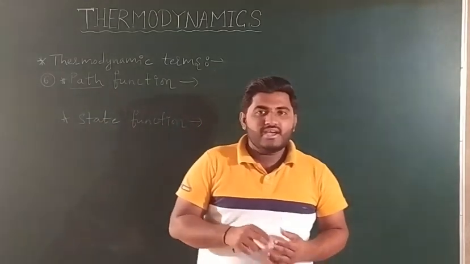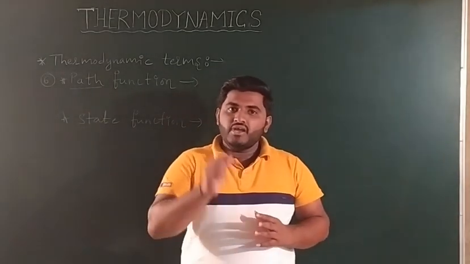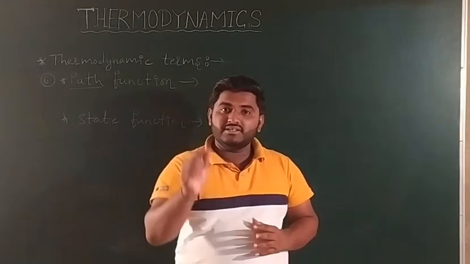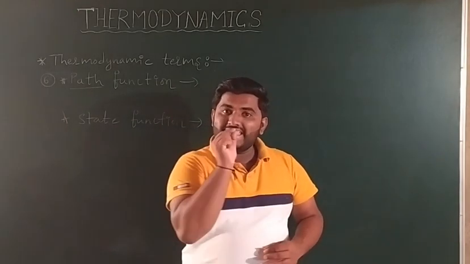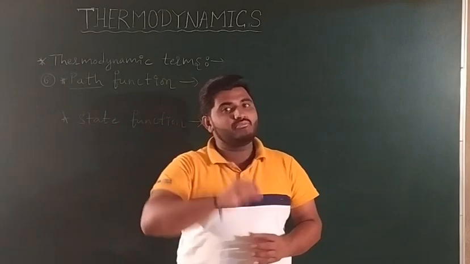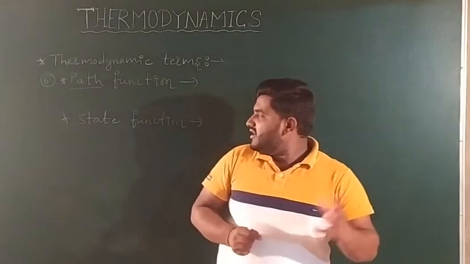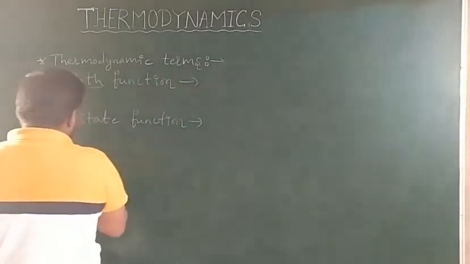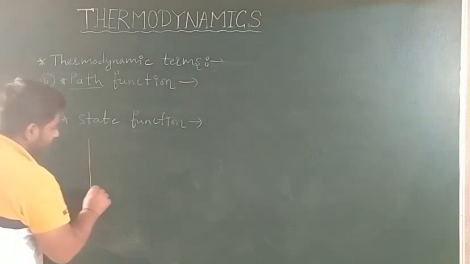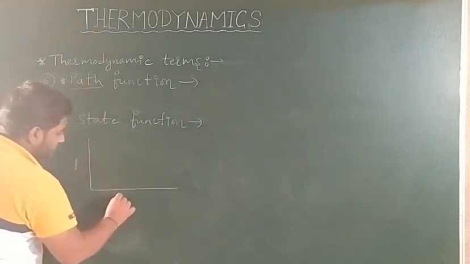State function means any thermodynamical function which does not depend on path, but depends only on the initial and final position of the process. This can be understood by taking a PV diagram. Carefully see here. This is a pressure versus volume diagram.